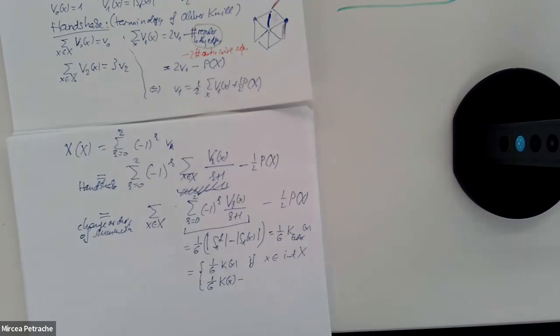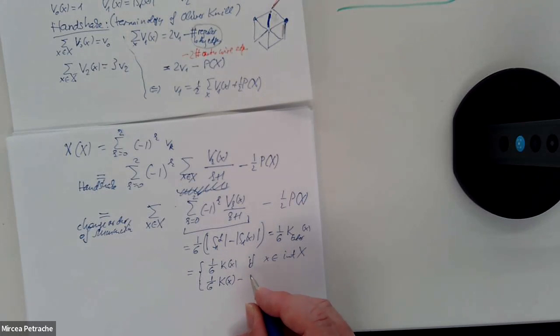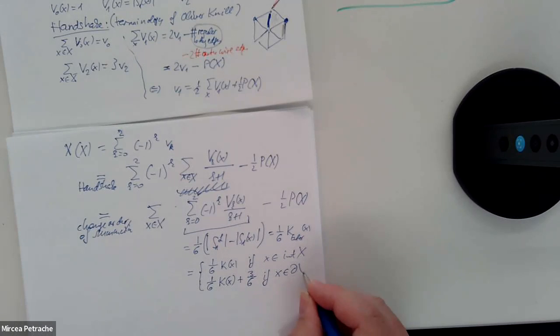So when we are on the boundary, we count it differently because the first term, so we have an extra term here, which is a 3, so it's 3/6, if x is a boundary particle.